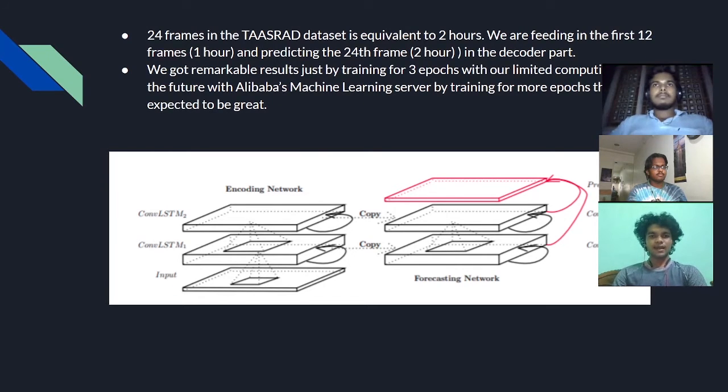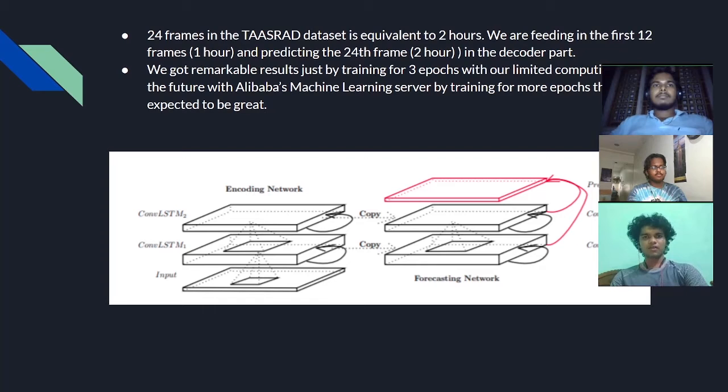In the TASRAD dataset, 24 frames are equivalent to 2 hours. So what we are doing in our network is taking 12 frames, which is equivalent to 1 hour, and trying to predict the 24th frame, which will be equal to the second hour, in the decoder part.